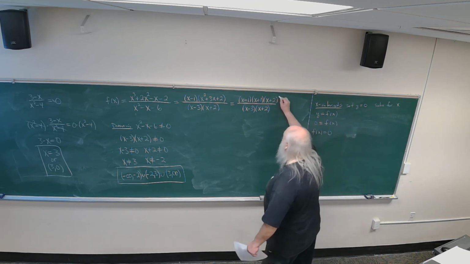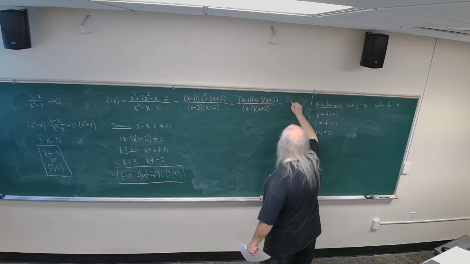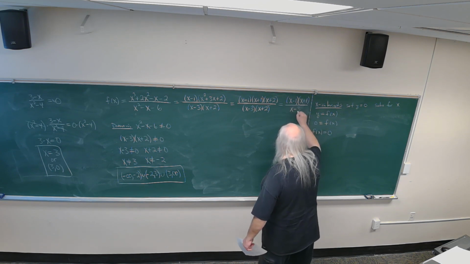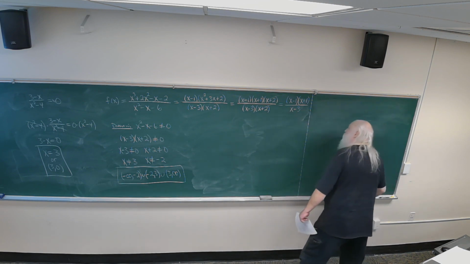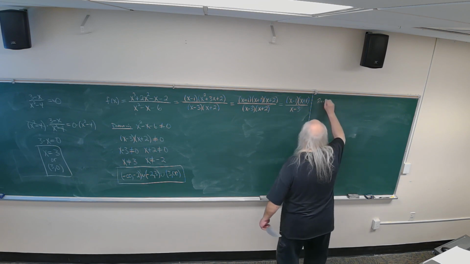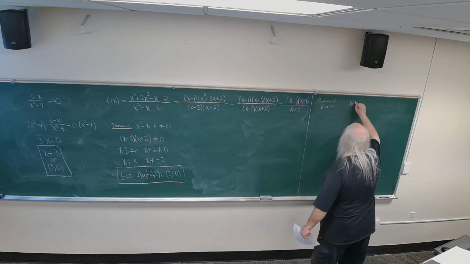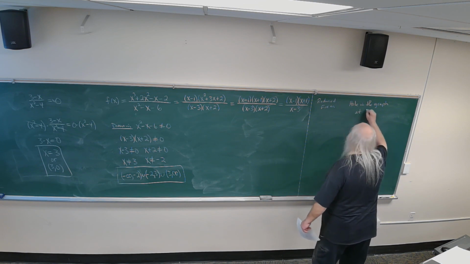And so as long as x doesn't equal minus 2, they cancel, and we're left with x minus 1 times x plus 1 over x minus 3. This is what we call reduced form. Okay. So there's a hole in the graph at x equals minus 2.